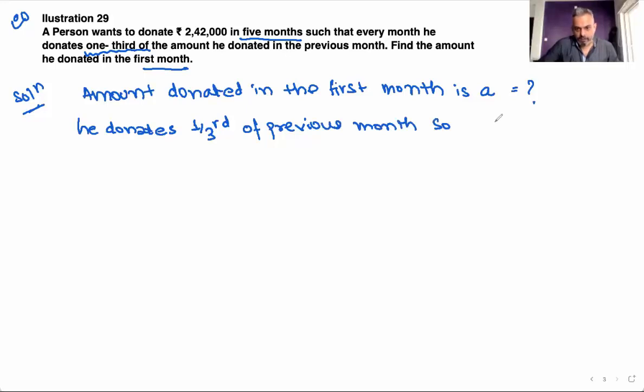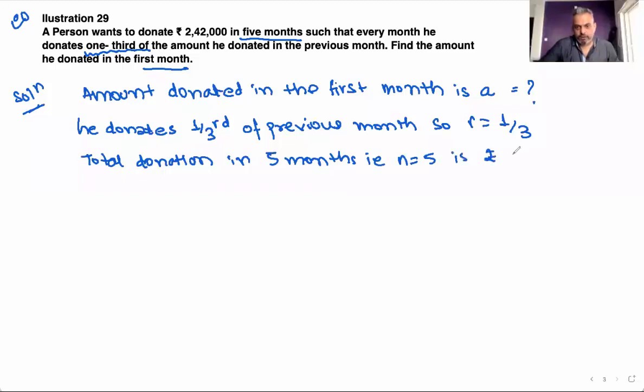So R is equal to 1/3. Total donation in 5 months, that is n is equal to 5, is rupees 2,42,000. Therefore, S5 is equal to 2,42,000. We have to find A.